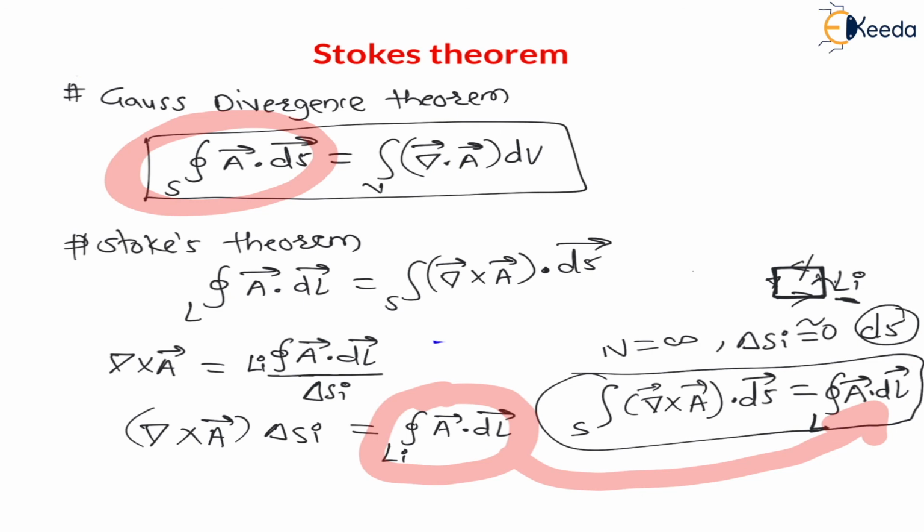Therefore the surface integral over a closed surface for a vector field A is equal to the volume integral of divergence of A, right? But what is Stokes theorem?